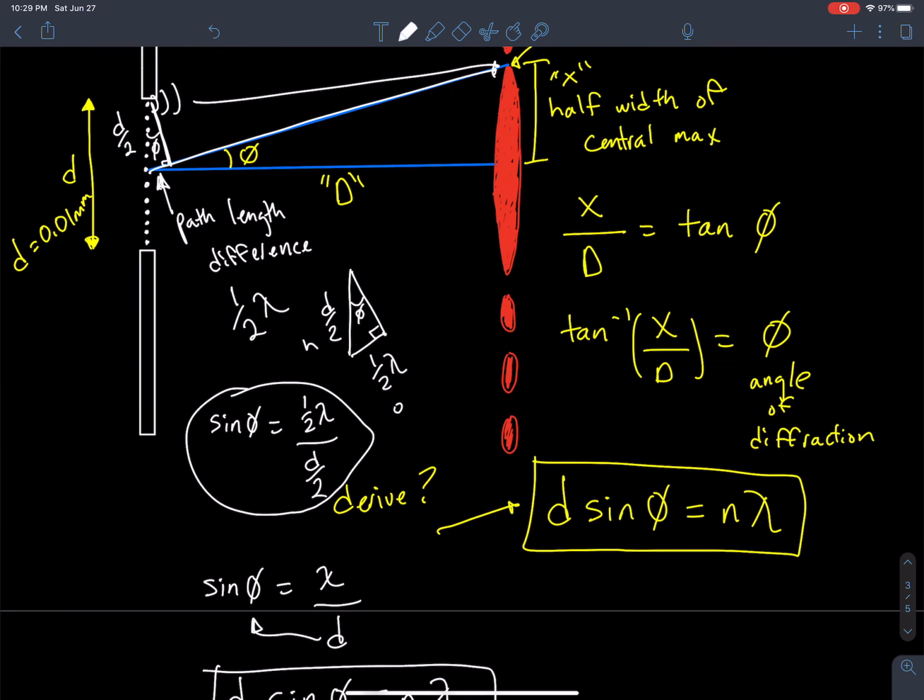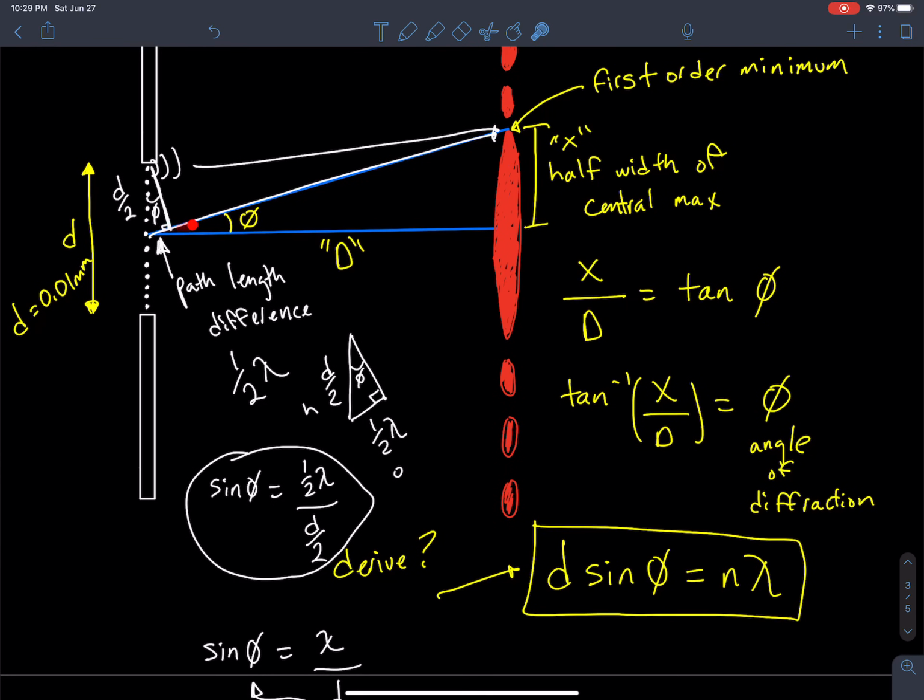So in an experiment, you can measure the half width of the central maximum, you can measure the distance to the screen, and you can do a little trigonometry to calculate that angle. Another little trick is, if that angle is very, very small, let's say less than a degree, then tan theta is equal to sine theta at small angles.